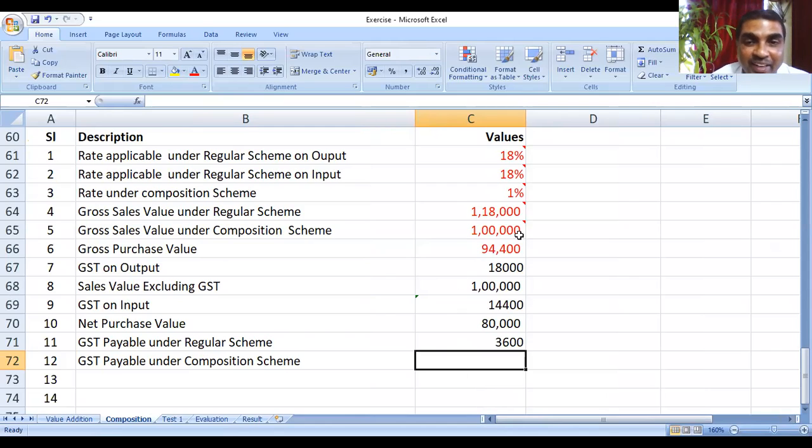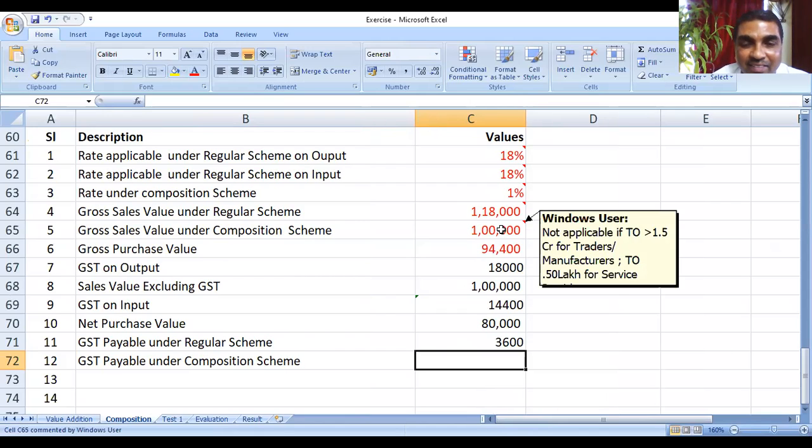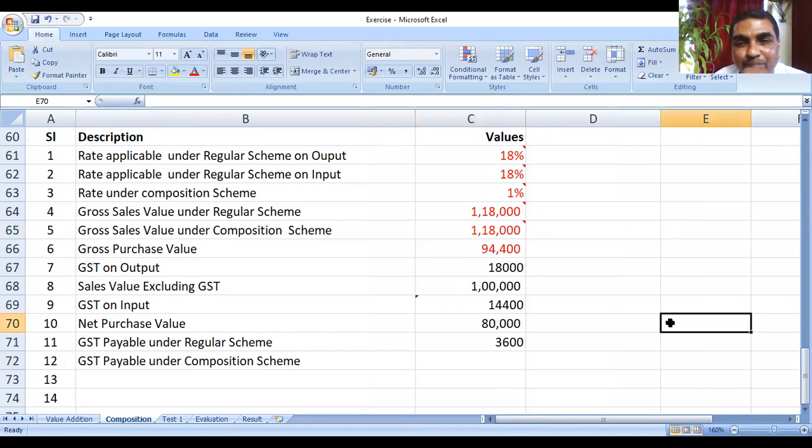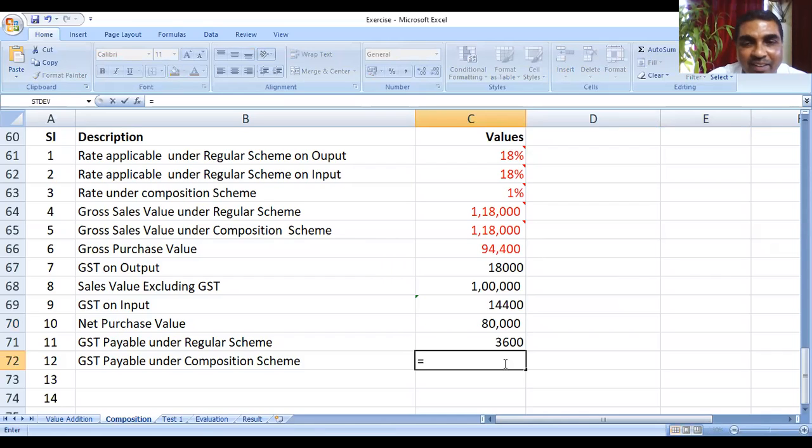If you take it 1 lakh, or if you want 1,18,000, I can make it 1,18,000 also. No issue. Normally a trader sells at the same price. It doesn't matter. Let us say you are a trader. So purposefully, we can fill it up. So 1% of that, is it not?